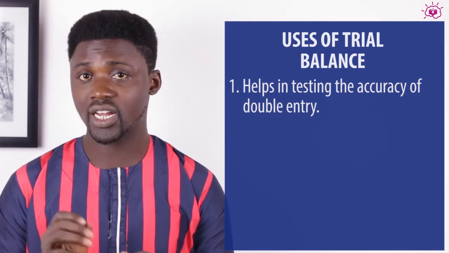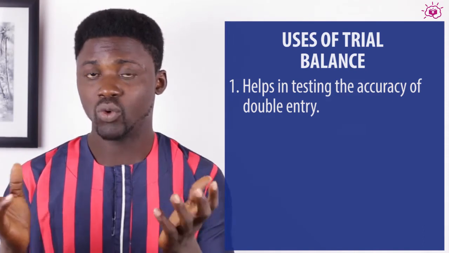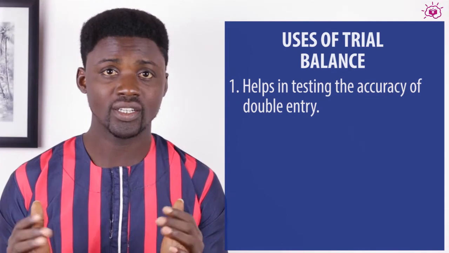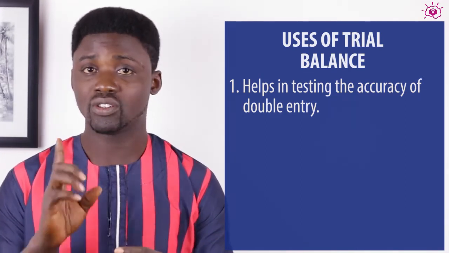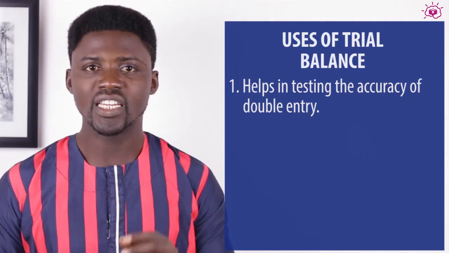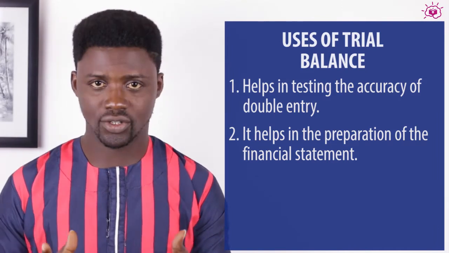Don't forget that the double entry has to do with the credit side and the debit side. So it is tested. That means when the credit side is equal to the debit side, then we say it is balanced. So trial balance helps us to test if both sides are balanced. B, it helps in the preparation of the financial statements.